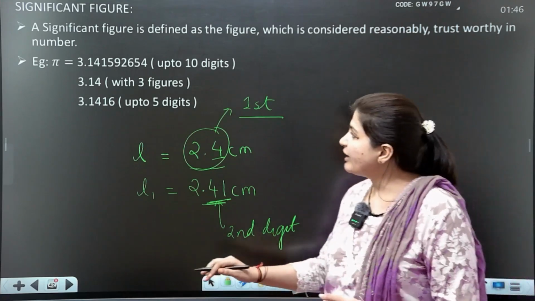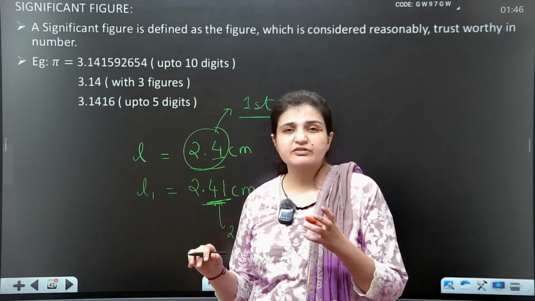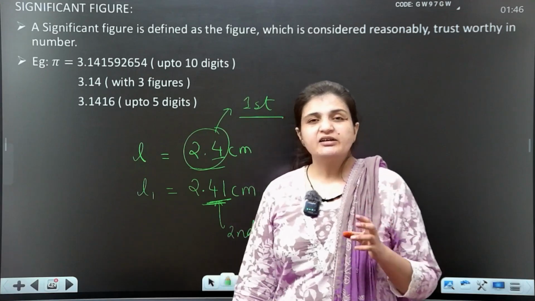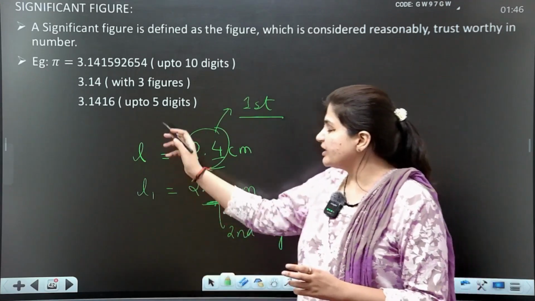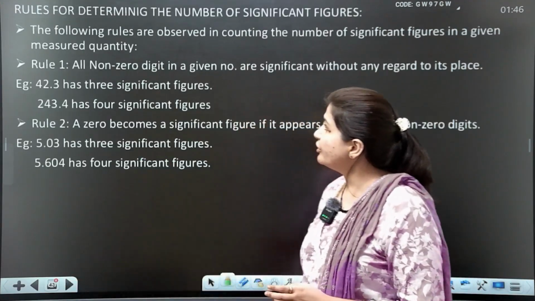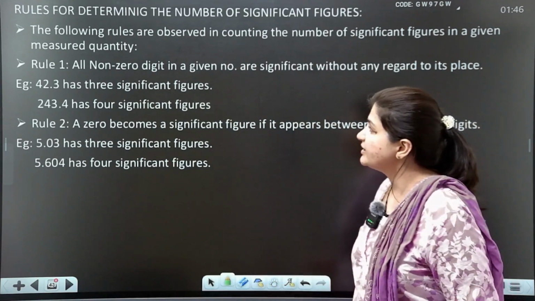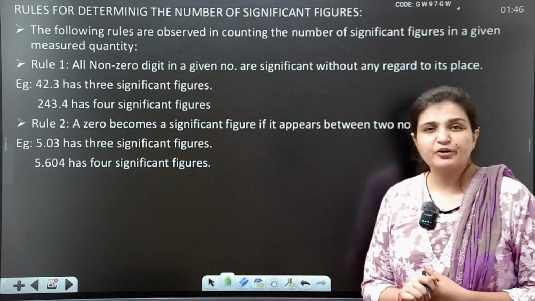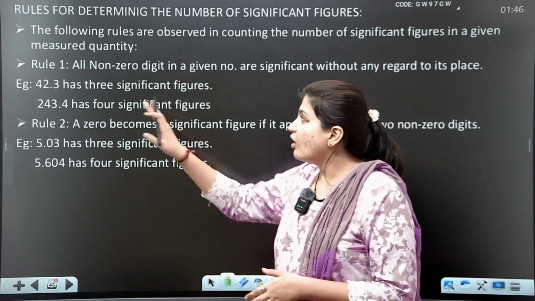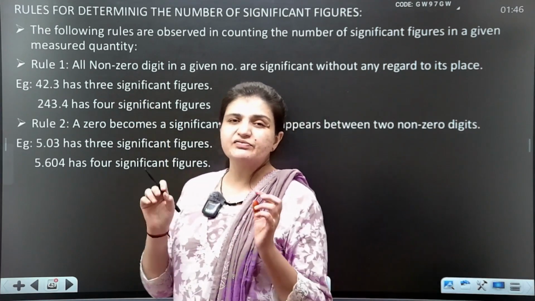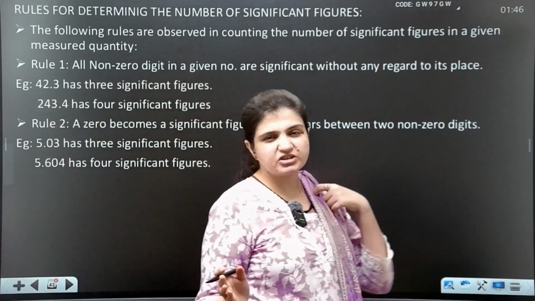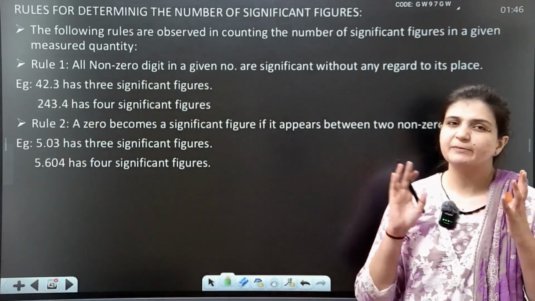If we have to find the number of significant figures in a number, what are the rules? First, all the non-zero digits will be counted.